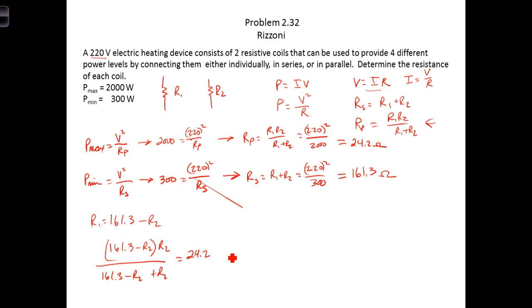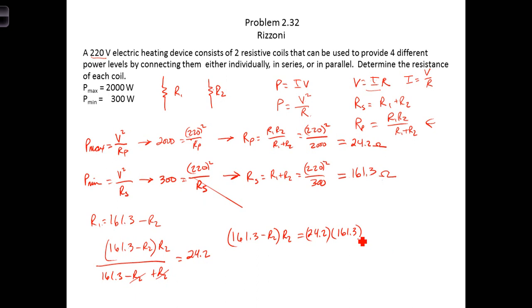The R2's in the denominator add to 0, leaving us 161.3 in the denominator. So multiplying both sides of the equation by that 161.3, we get on the left-hand side 161.3 minus R2 times R2, equal to 24.2 times 161.3.